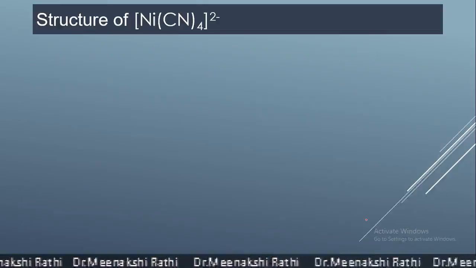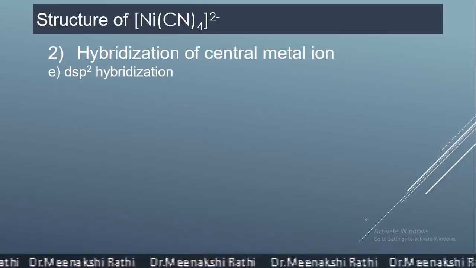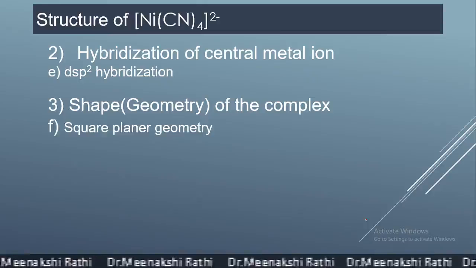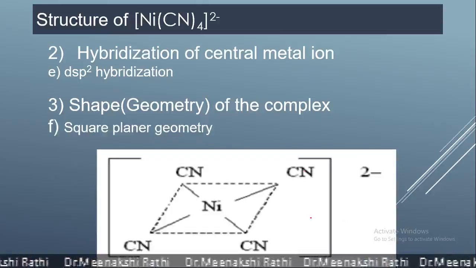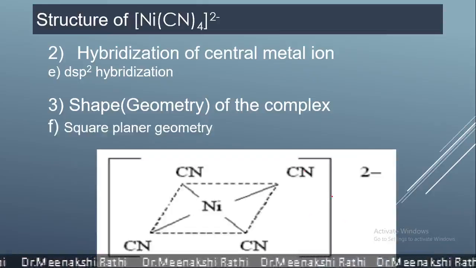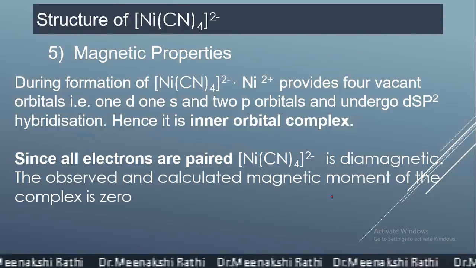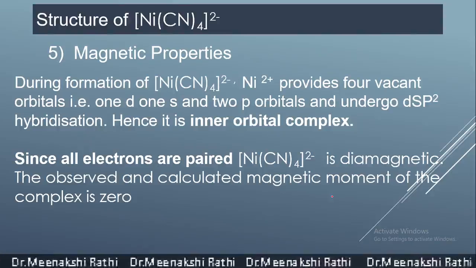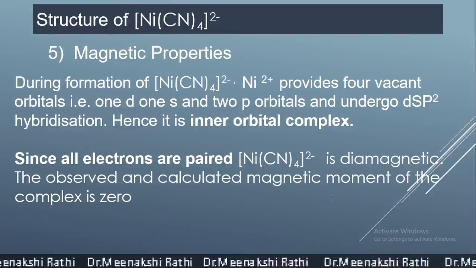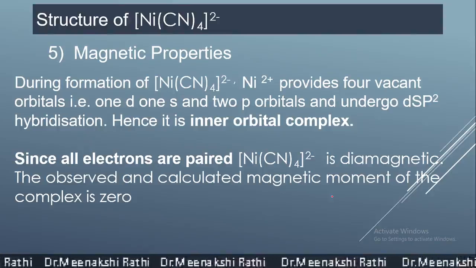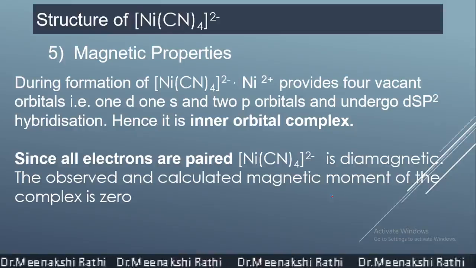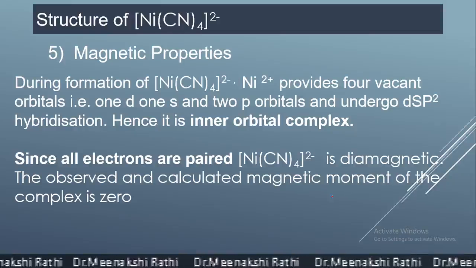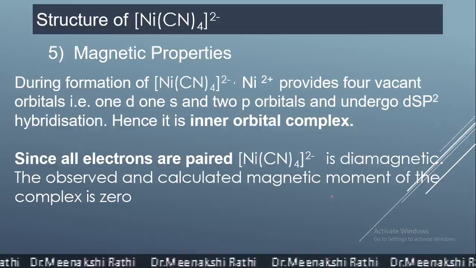So see here, hybridization is dsp2, shape is square planar, which can be represented like this, in a diagrammatic representation. During the formation of tetracyanonickelate, Ni2+ provides 4 vacant orbitals, that is one d, one s and two p orbitals, and undergoes dsp2 hybridization.